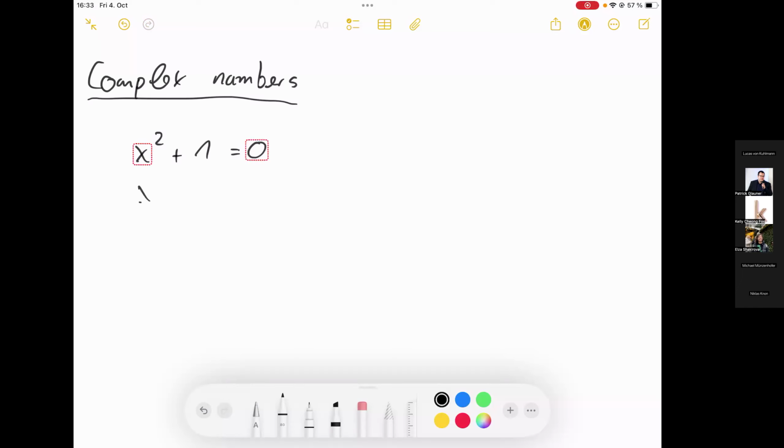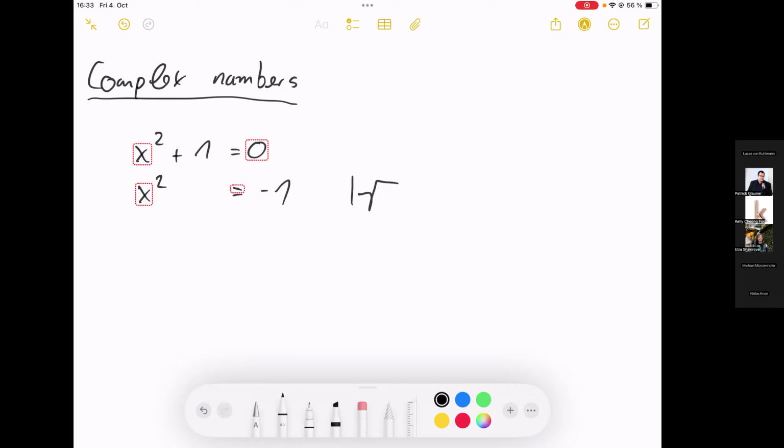So we can say x squared is minus 1. And I've just updated my iPad to the latest iOS, and you see it automatically does some handwriting recognition here. I'll check later how to turn this off, because I just updated a few days ago.